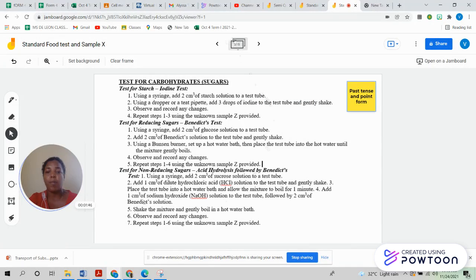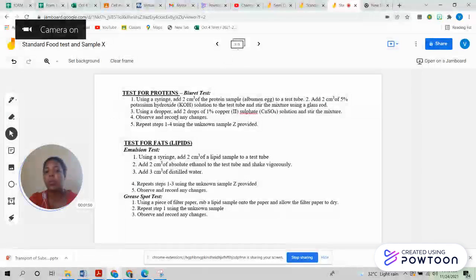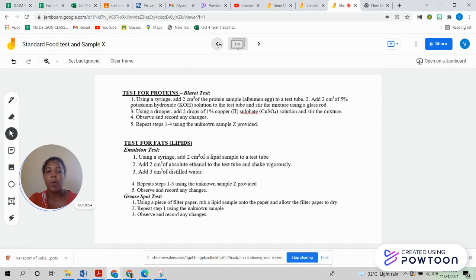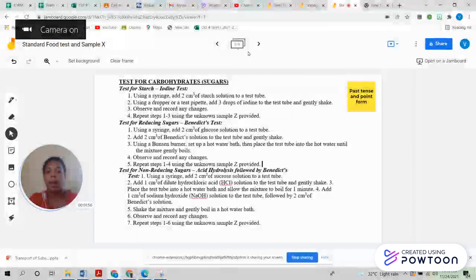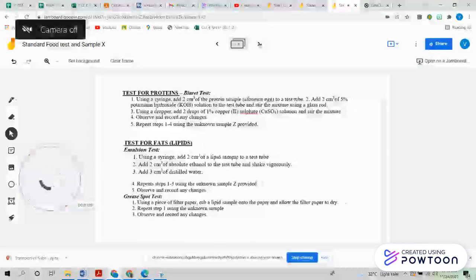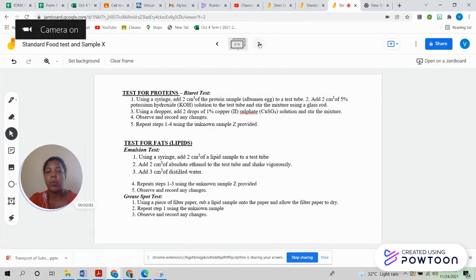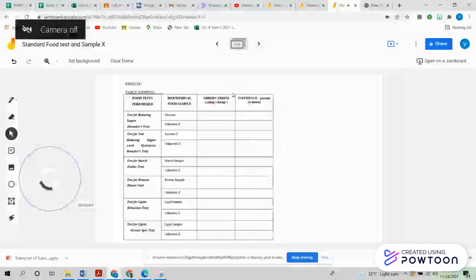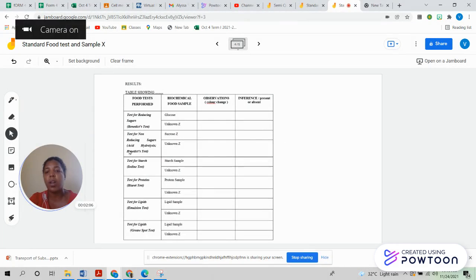You're going to do your carbohydrates test, and then you're going to follow along with your protein test, your fat test. Remember, for all of them, we also did it on sample Z, right? And then after you have done your method, it comes to your results. For the results, you can use this results table.